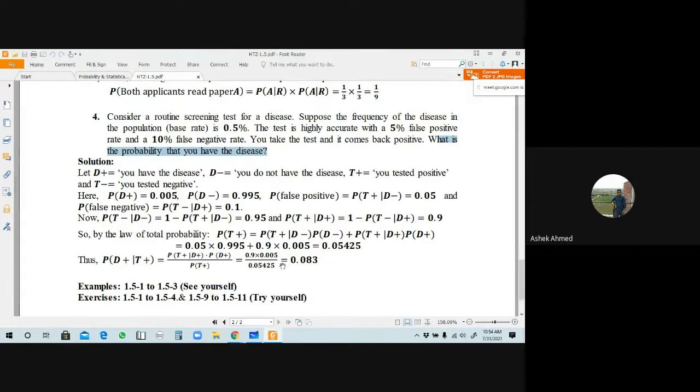Okay, now from here tell me, if there was given what is the probability that you have no disease, how to find out this, no disease কখন পাওয়া যাবে, T minus given D minus. Okay, thank you.